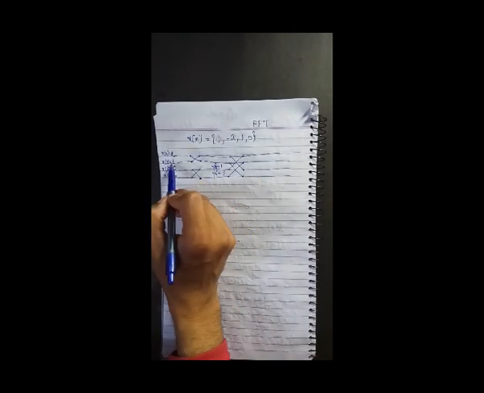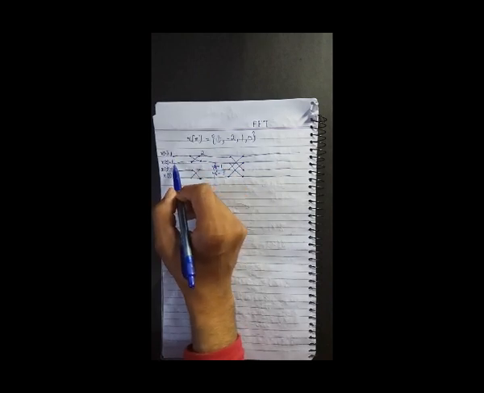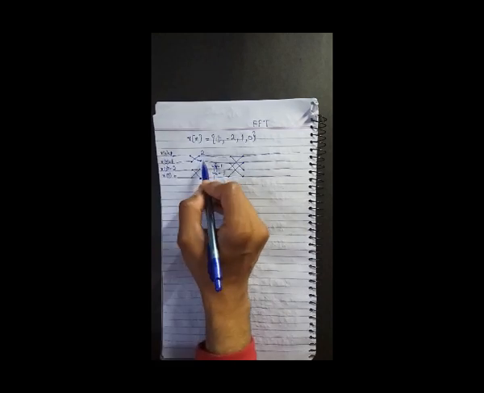Now we will take these two terms and on the upper side we will write their sum, which is 2, and on the lower side we will subtract this from the upper value. Let's suppose this is 1, and 1 minus 1 we have 0.